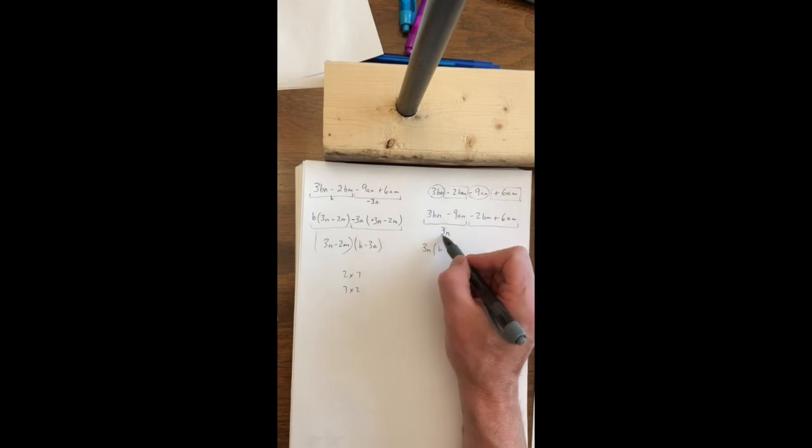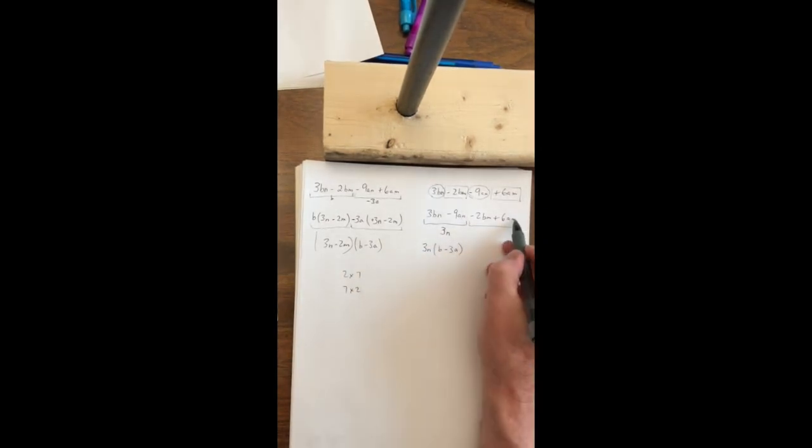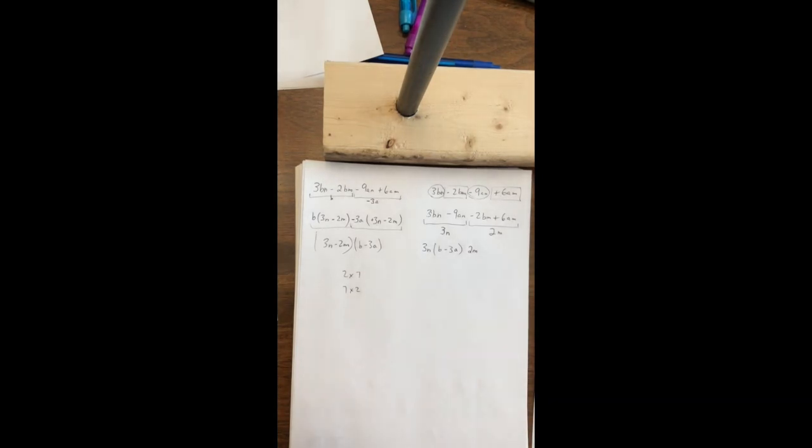And negative 9 divided by 3 is negative 3. an divided by n is an a. Perfect. And over here, 2 and 6, greatest common factor is 2. And between bm and am, we have an m in common. So this is a 2m. I'm not putting negative or positive there yet.